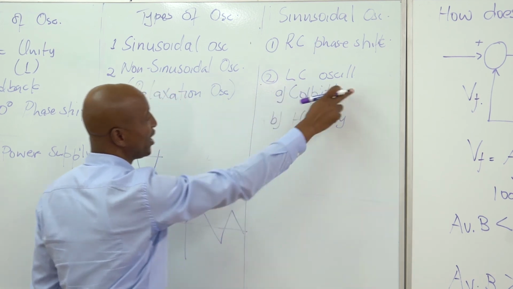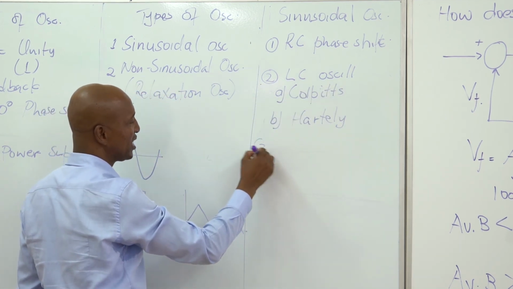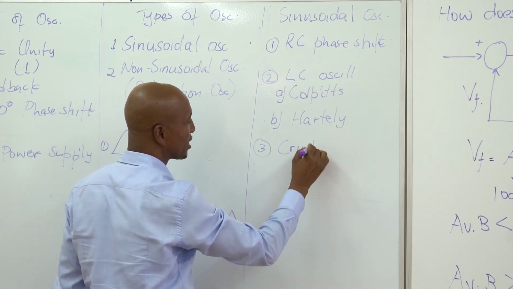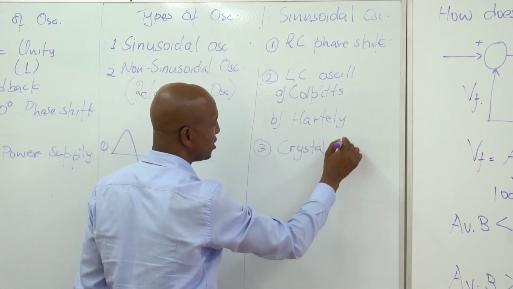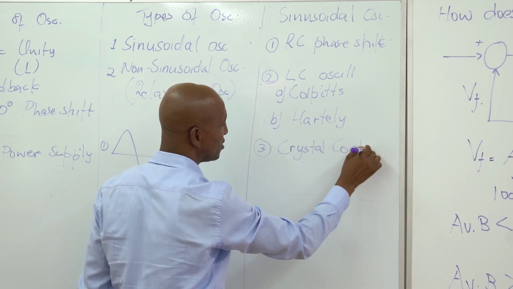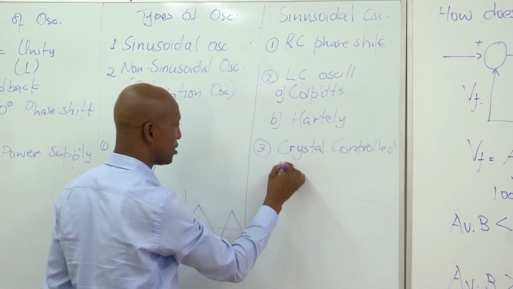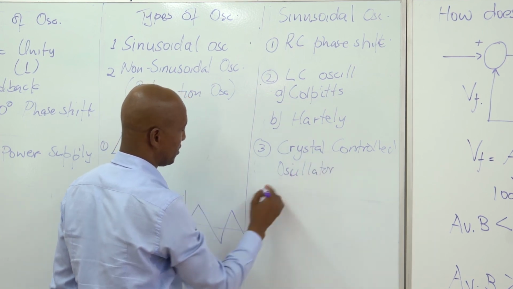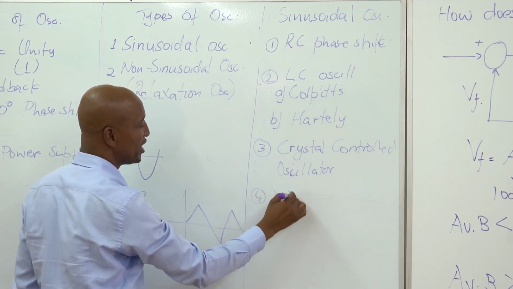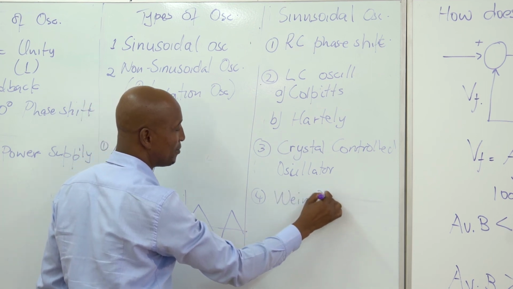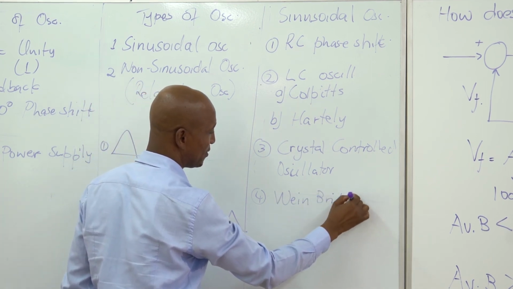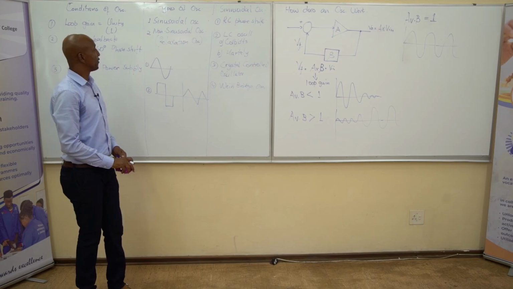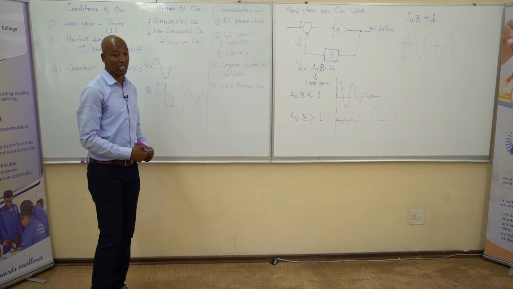Those are our LC oscillators. 3, we also have crystal controlled oscillators. 4, there's the Wien bridge oscillator. So these are the types of oscillators we shall be looking at.